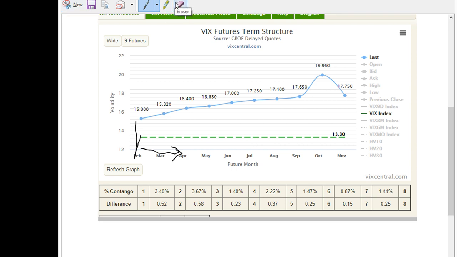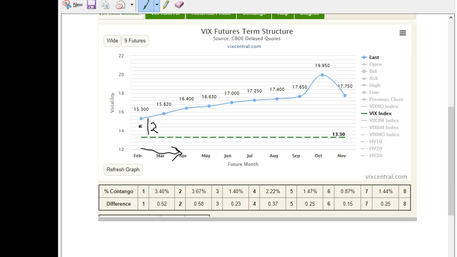And my drawing is terrible once again, so let me try to erase that and try this again. This distance here is 2 points. Right? Which is significantly higher than it was a couple days ago. Because remember, a couple days ago, the front month was right next to spot. If we look back 2-3 days ago, we would have seen the difference between spot and the front month future was 50 cents, 40 cents, 30 cents, right?